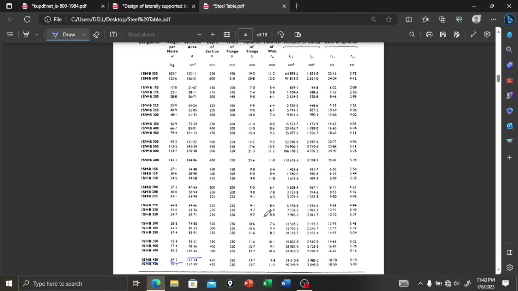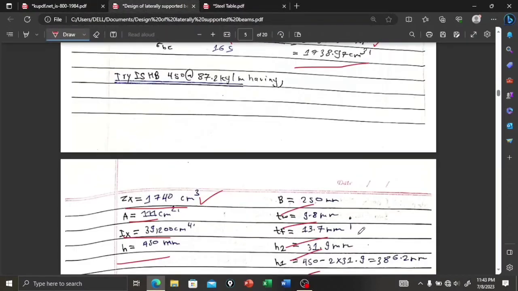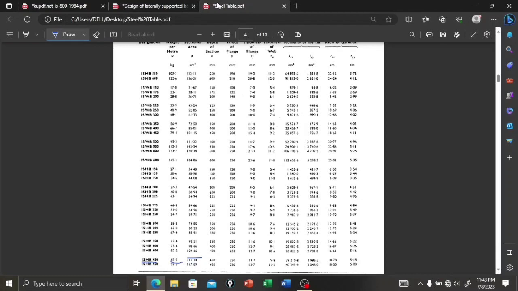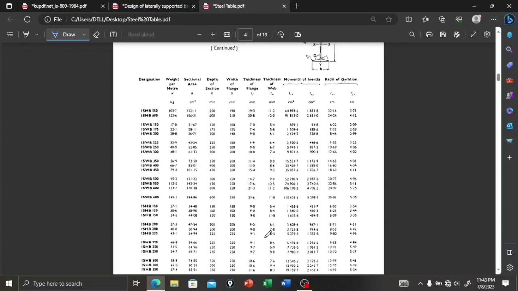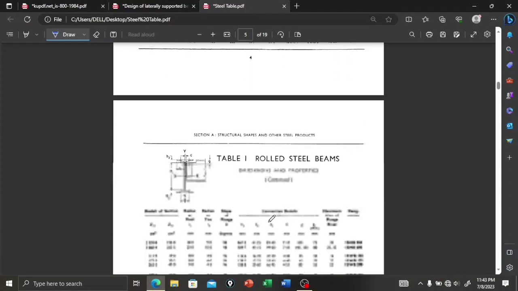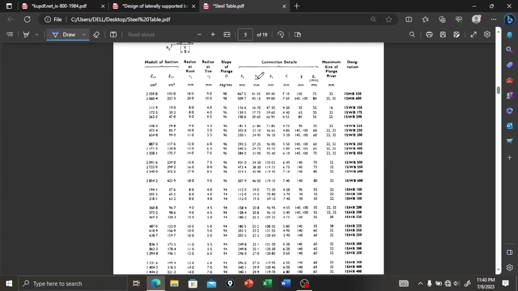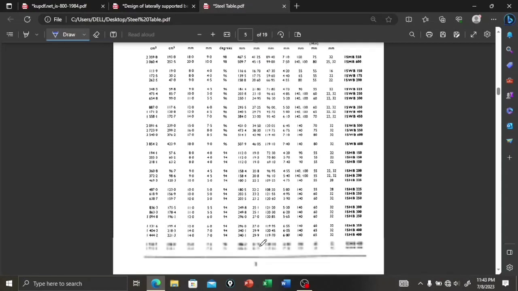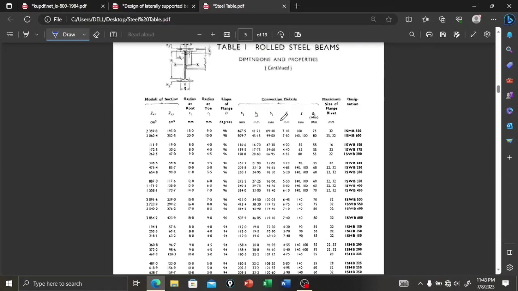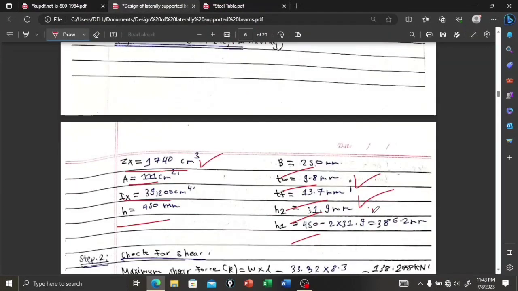T f and T W are 13.7 and 9.8. h is 450, B is 250. r2 is 31.9, and r1 is 386.2.